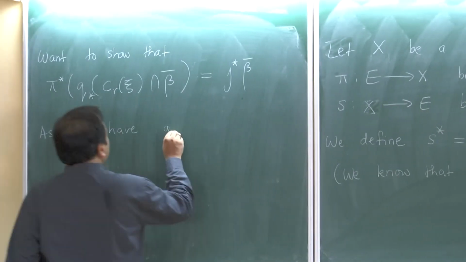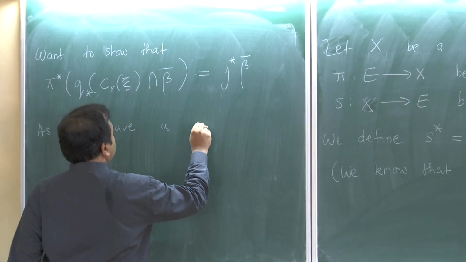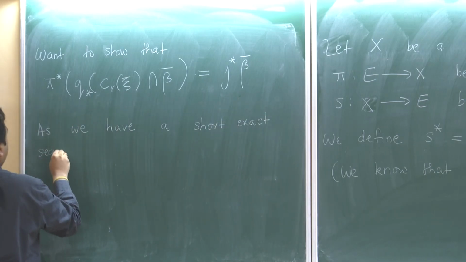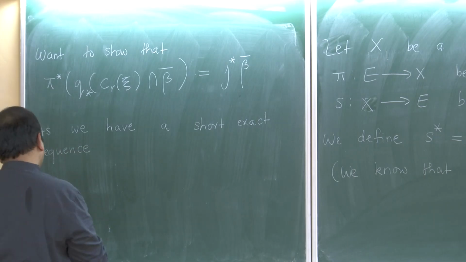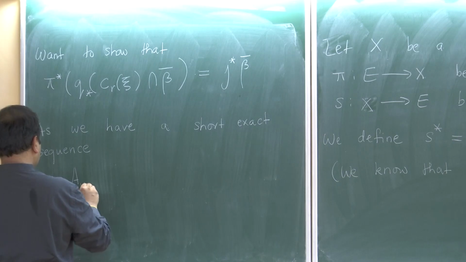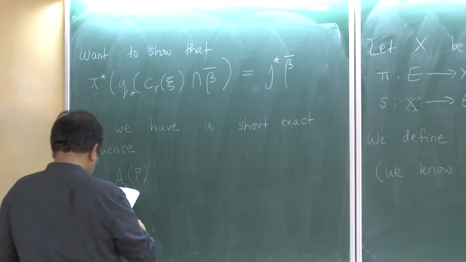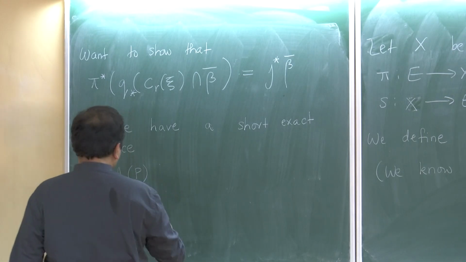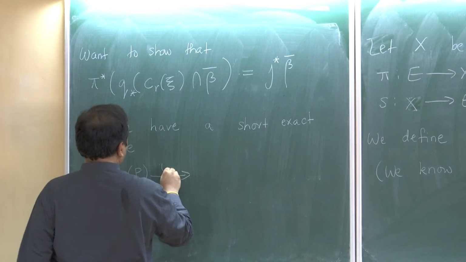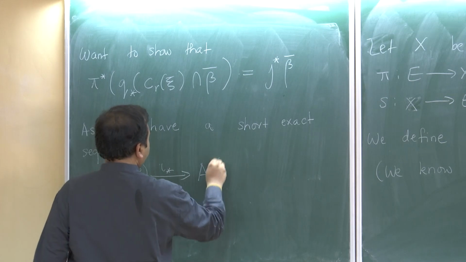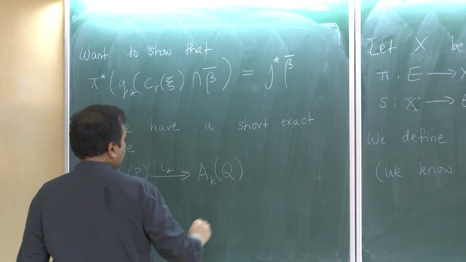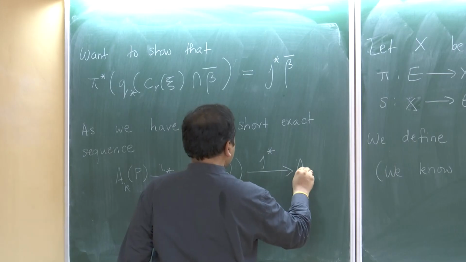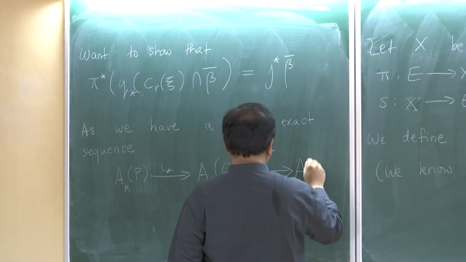So we have a short exact sequence: A_K of P, I lower star, A_K of Q, and then from here J upper star to A_K of E.